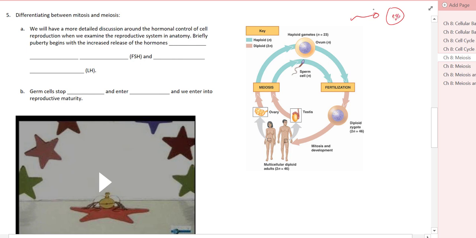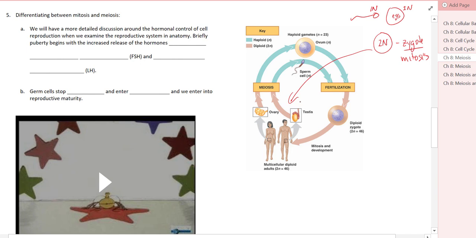If we think of this sperm as 1N and this egg as 1N, they fuse through fertilization, forming a single cell, which I referred to before as a zygote, which is now diploid. And through mitosis, we end up here as individuals.